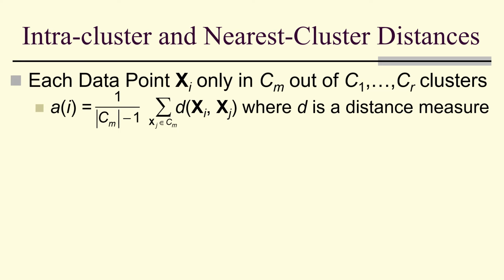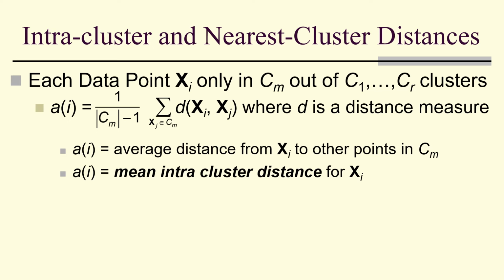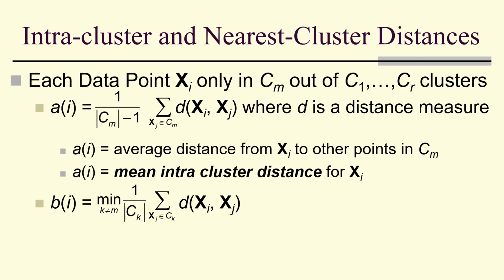Little a sub i is 1 over the number of points in the cluster times the sum of the distances from the x sub i to the x sub j points in the cluster, where d here is some kind of distance measure. This a sub i is called the average distance from the point to other points inside the cluster. It's also known as the mean intra-cluster distance for a given data point x sub i.